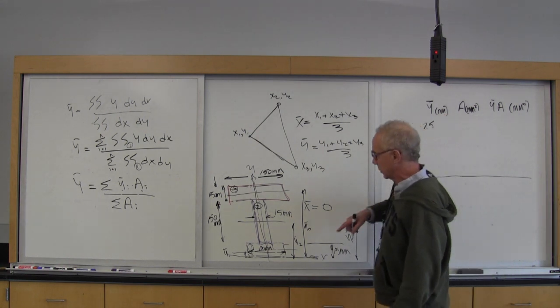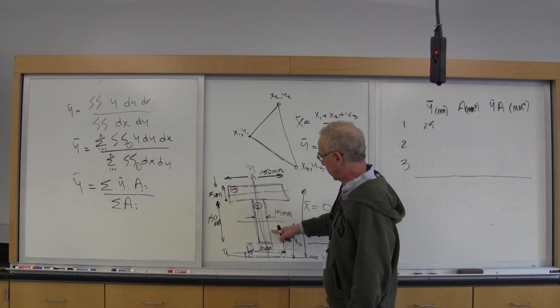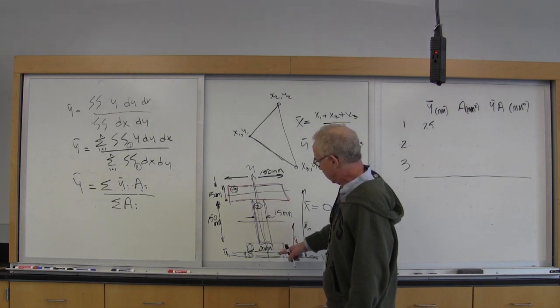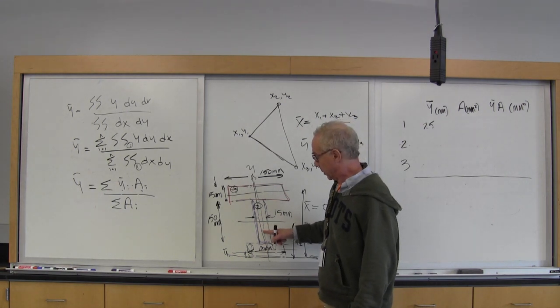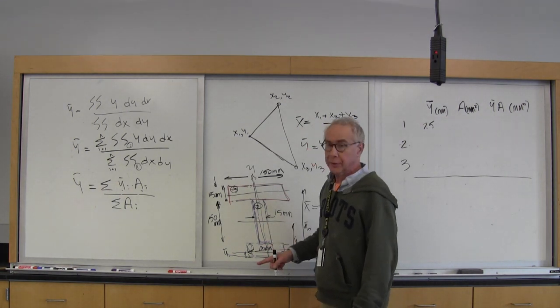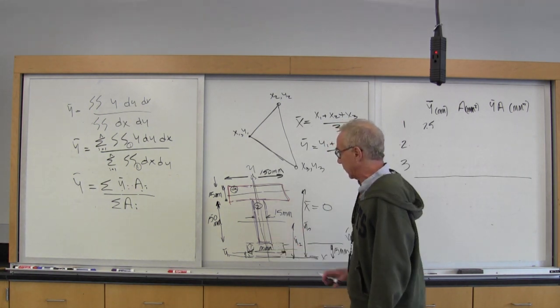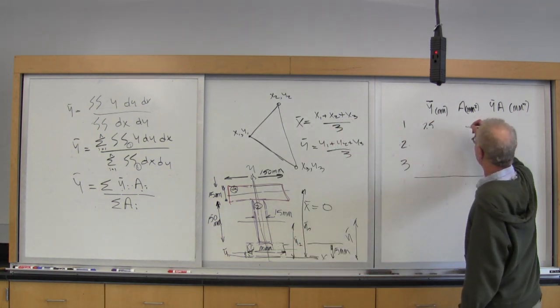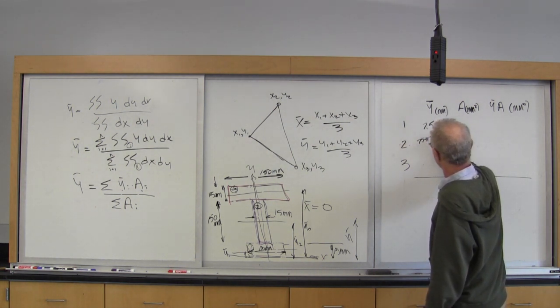Let's do all the centroids first. So the centroid here is going to be halfway up. This was 150, so halfway up is 75. But because we're measuring it relative to the bottom, we have to add 75 and 15, which is that height, equals 90.